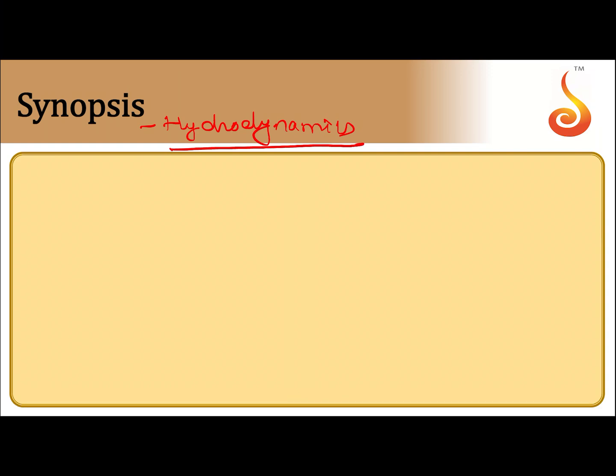Here we consider a fluid which is in motion. The two key ideas in this concept are mass conservation principle and energy conservation principle. These are the two key ideas as far as this chapter is concerned.